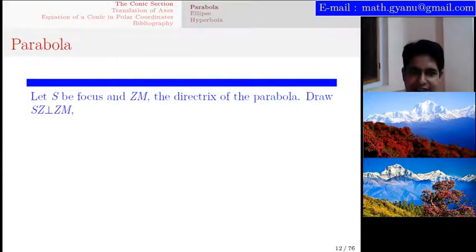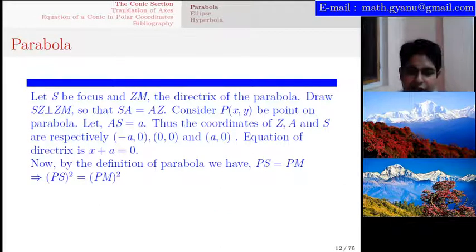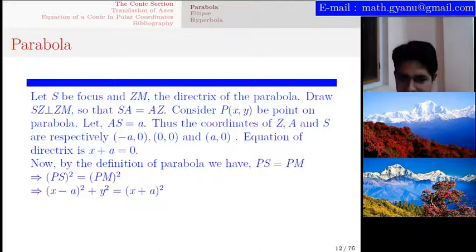So you will see here PS equal to PM will turn into the form (x - a) whole squared plus y squared equals (x + a) whole squared. This is taken using the distance formula. I hope you are familiar with the distance formula.